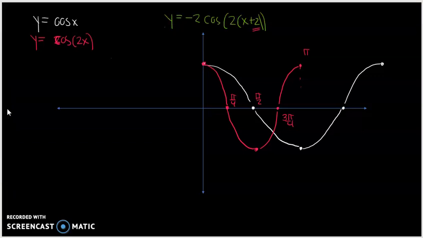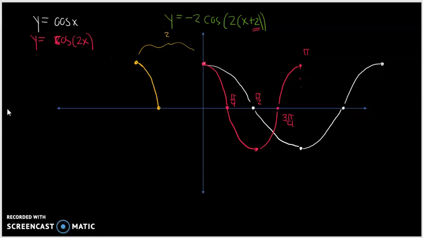So 0 is going to be moved 2 units to the left. Pi over 2 is about 1.5, so 2 units to the left would be over about here. Pi over 4 is about 3/4, so this goes to pi over 4 minus 2.